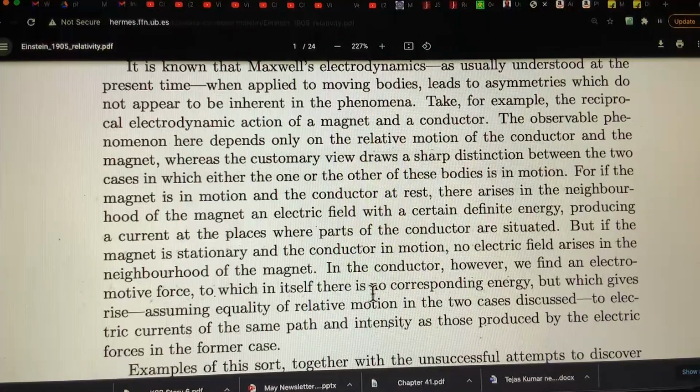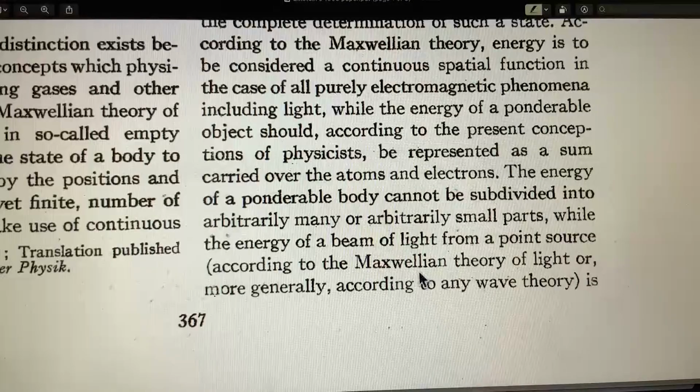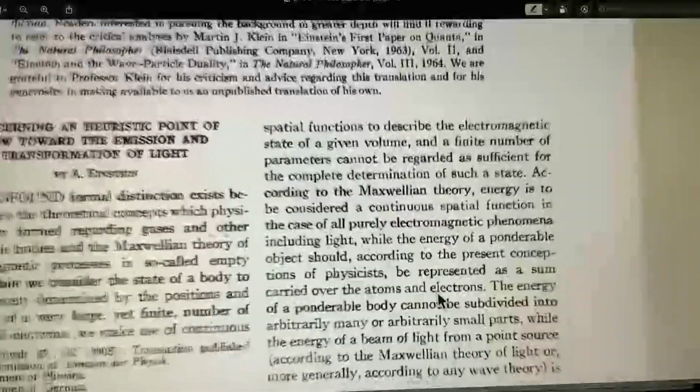So the interpretations are so different. Einstein based this entire special theory of relativity on this asymmetry. The asymmetry should not be there, and therefore one single rule should govern this case as well as that case. So he has this liking all the time for symmetry.